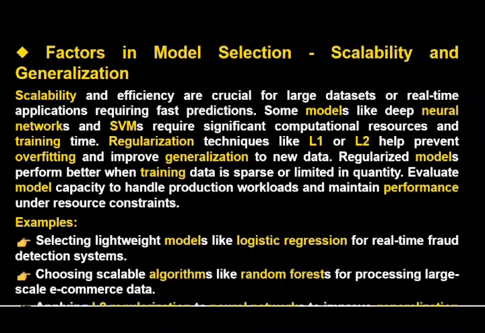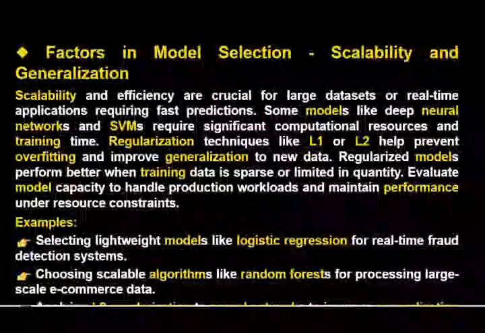Regularization techniques help to improve generalization. For example, logistic regression for real-time predictions, random forest algorithms for large-scale data, L2 regularization and L1 regularization for preventing overfitting, right? A good model must scale well and generalize well.